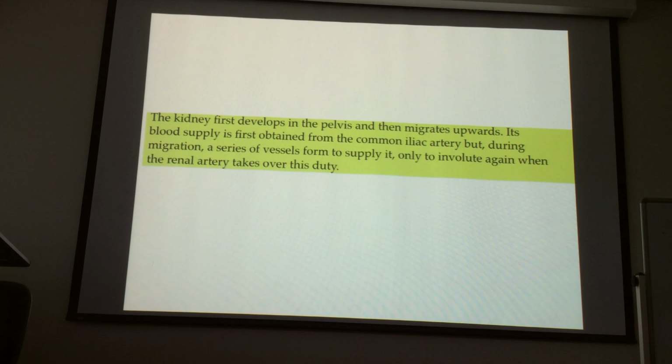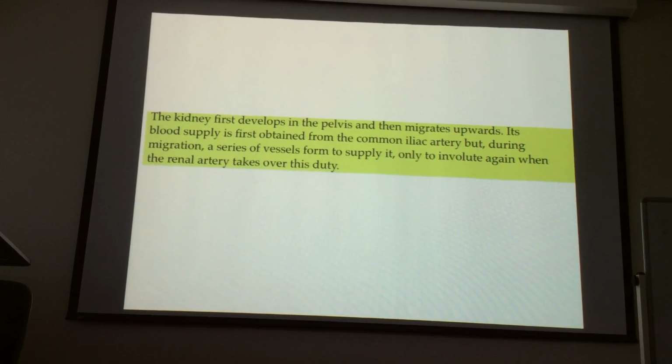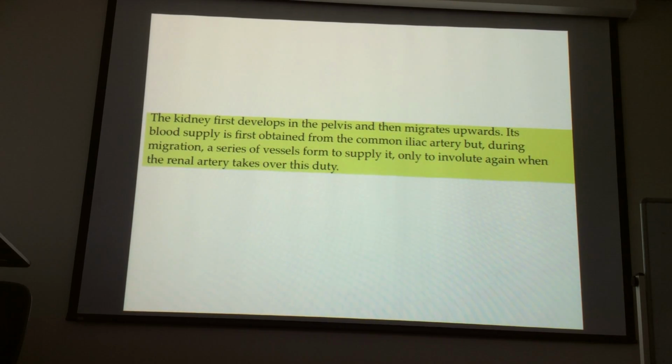So that explains there are certain aberrant arteries, certain aberrant vessels which have been seen in the pathway. We have one of the cadavers with us where you can see some unusual artery. Except for the renal artery, there are some arteries and some veins connected to the inferior pole, superior pole. So that explains the migration.